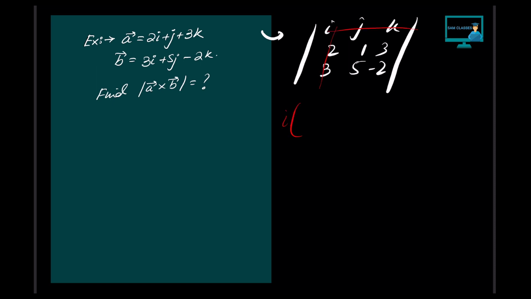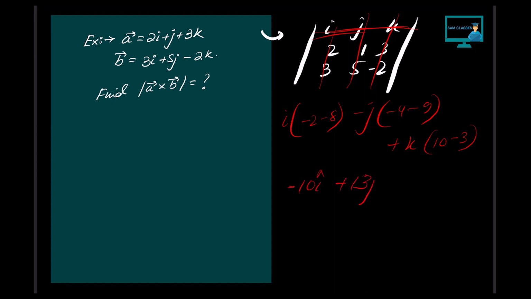I get i cap into minus 2 minus 15, minus j into, leave this row, leave this column, minus 4 minus 9, and k cap into 10 minus 3. Oh, we did 15, that's why I wondered why the values were differing. So minus 17 i cap plus 13 j cap plus 7 k cap.